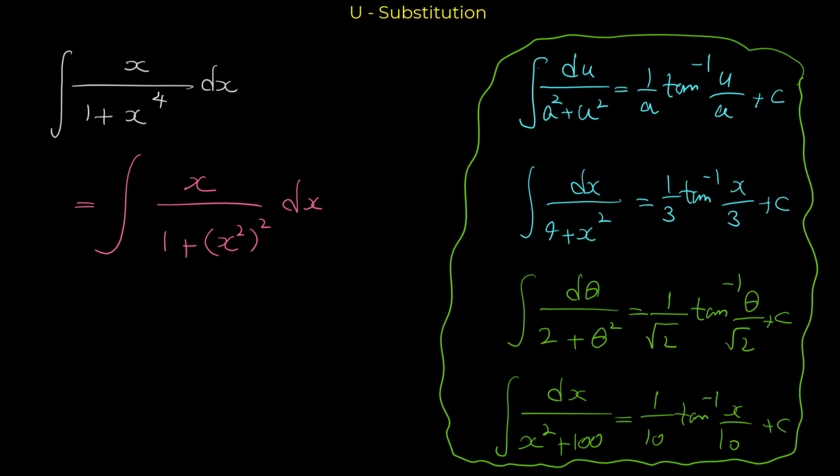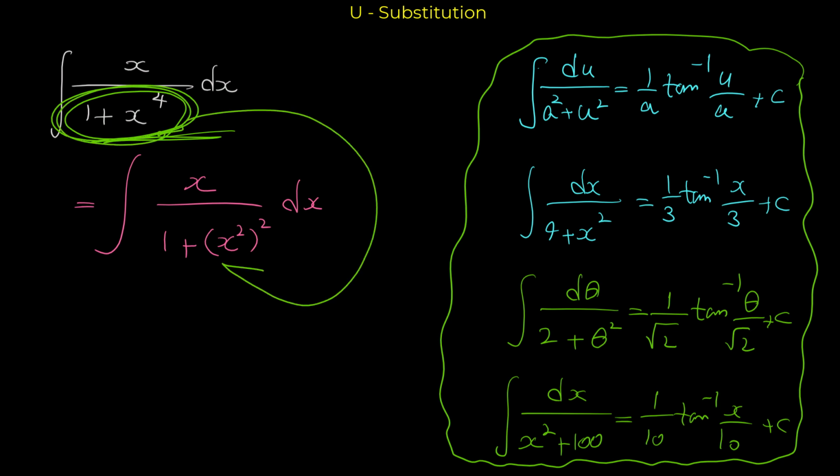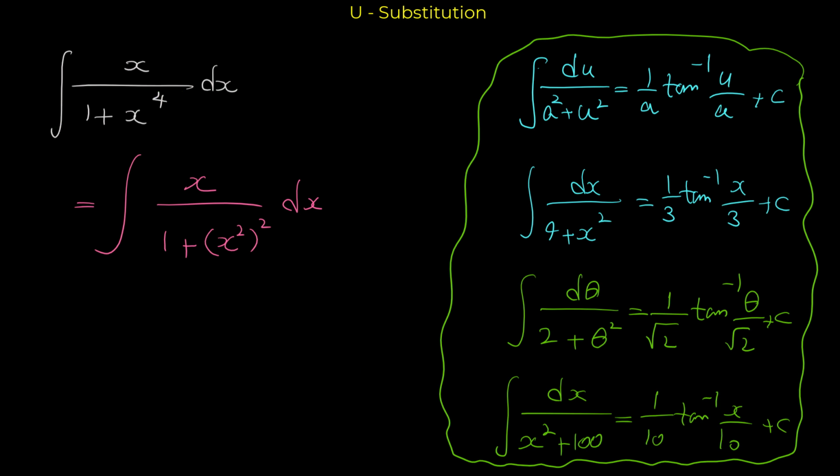So here, first we rewrite the denominator in this form. The reason we do this is that we want to convert this to this formula here. Then we say u is x squared.